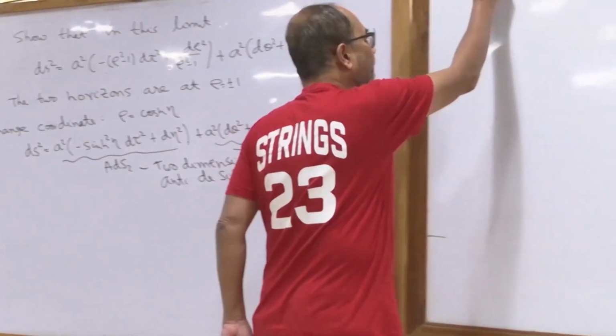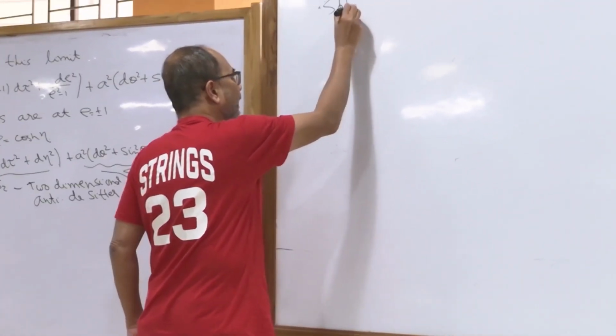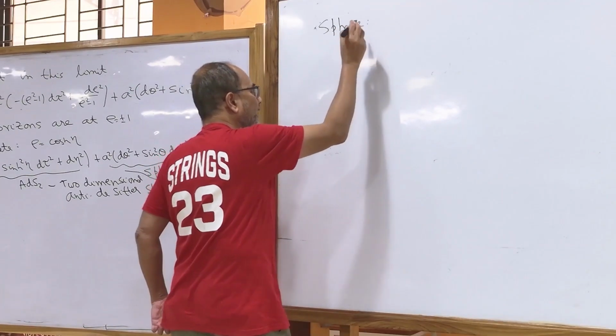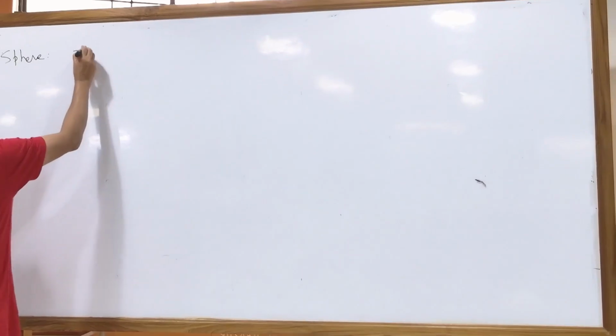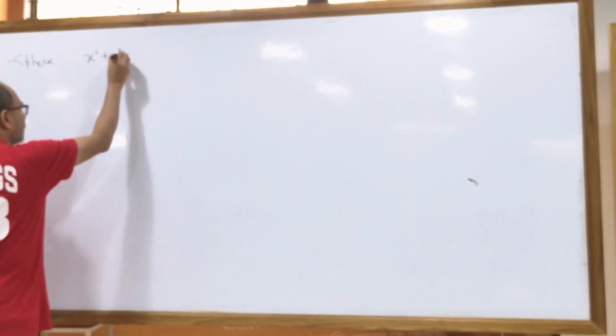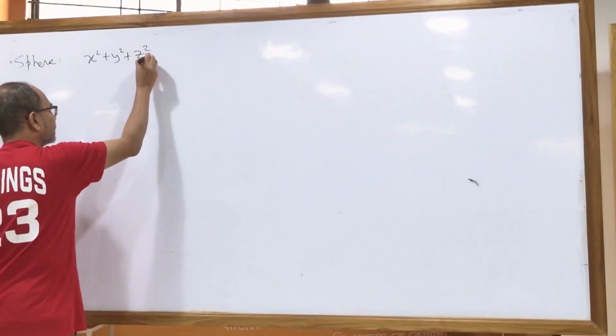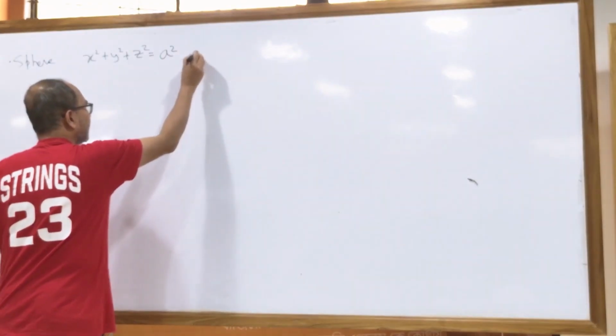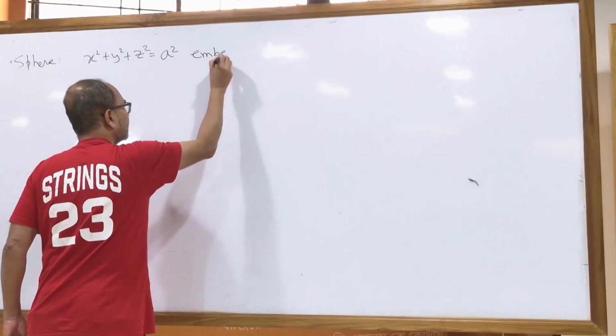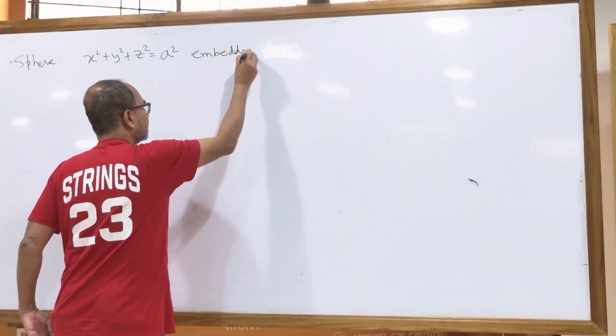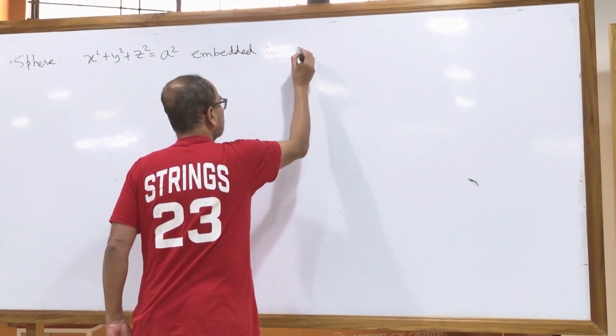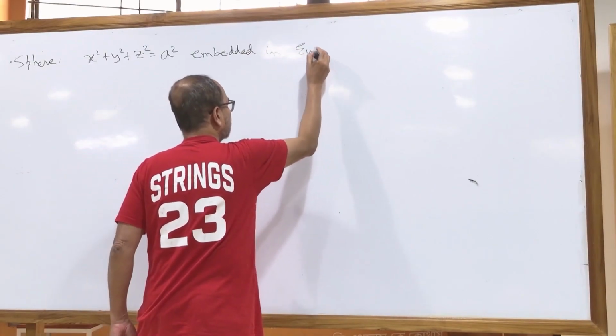So a sphere metric of that kind that we have can be thought of as a surface x square plus y square plus z square equal to a square embedded in Euclidean 3D space.